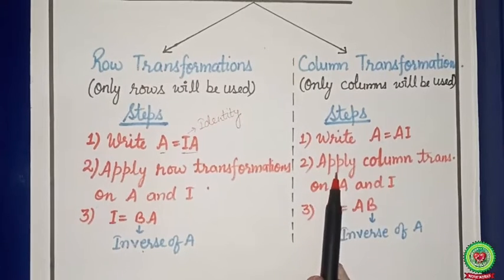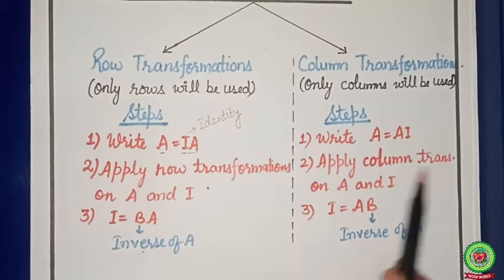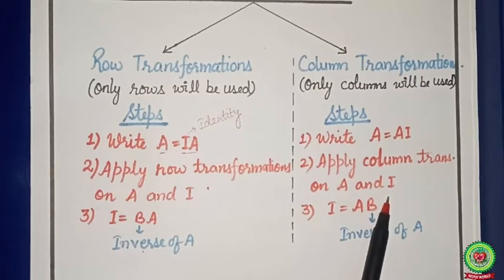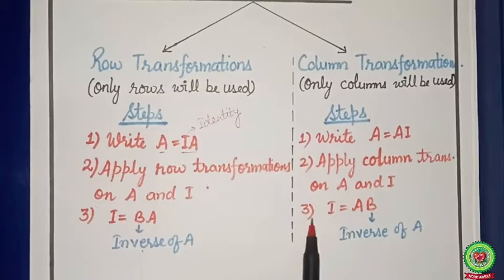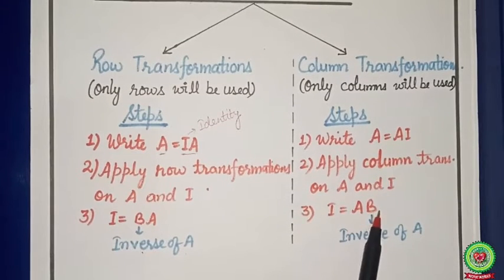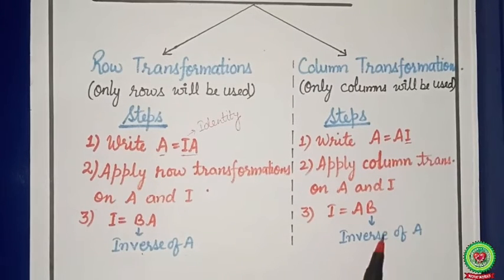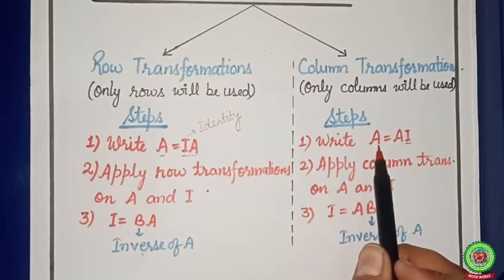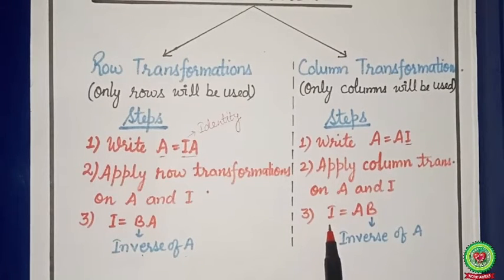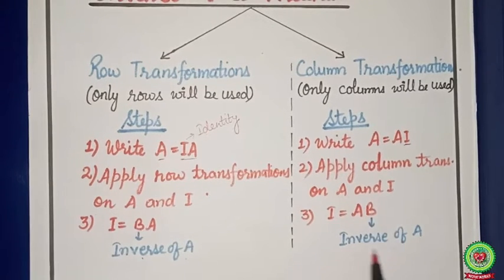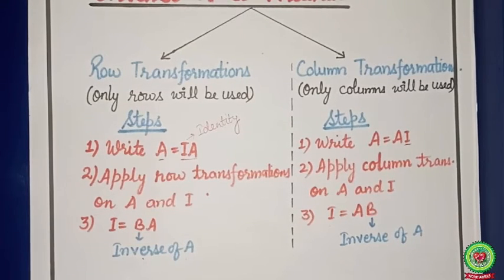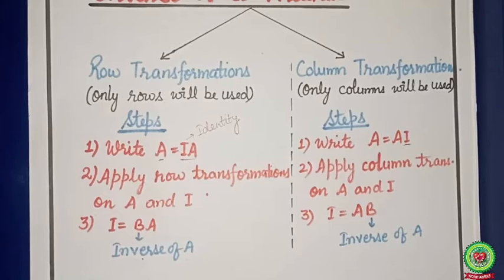Then we will apply column transformations on A and I. On simplifying, we will get I is equal to A into B, where the first A will be converted into the identity matrix. B will give us the value of the inverse. Let's do examples based on it so that the topic is clear to you.